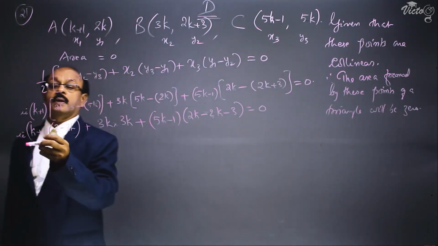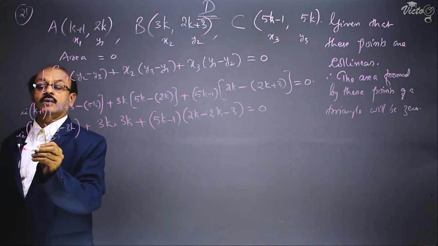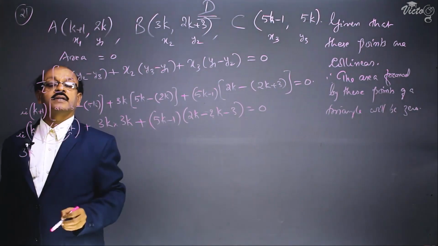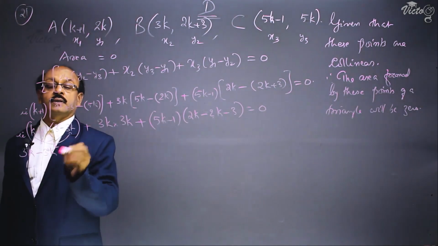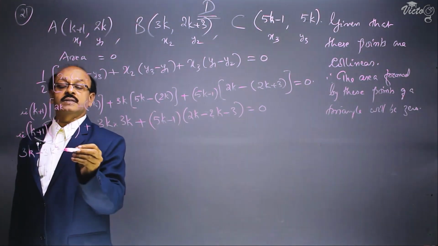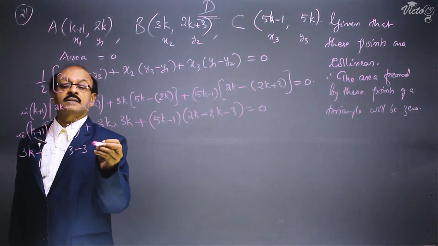Here k into 3 is equal to 3k. Then k into minus 3k is equal to minus 3k square. Then 1 into 3 is equal to 3. 1 into minus 3k is again minus 3k.